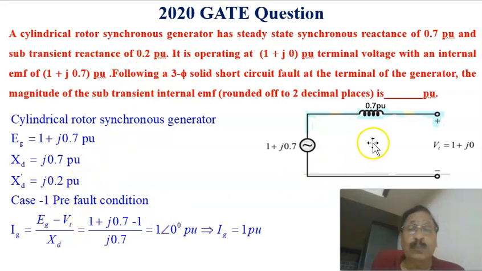Case 1, the pre-fault condition: the generator current equals Eg minus Vt divided by Xd, which is (1 + j0.7 minus 1) divided by j0.7, or 1 angle 0 per unit, so the generator current equals 1 per unit. That is the pre-fault condition.